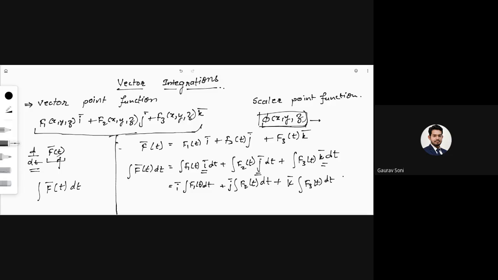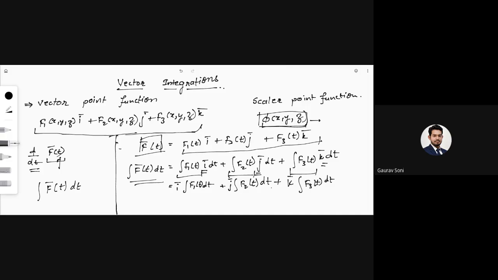So what I want to say is, if this f bar of t is a vector and I'm taking integration with respect to t, then that integration is the integration of the first term, the second term, and the third term. That's all. All the formulas are the same; just when I am taking the integration of a vector, I will have to take the integration of the first term, the second term, and the third term.